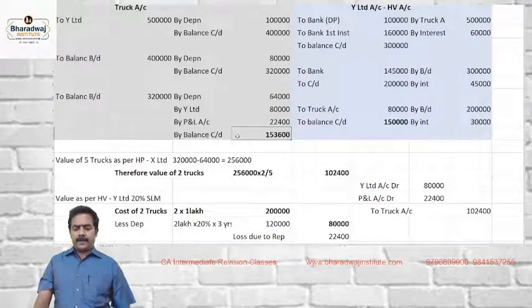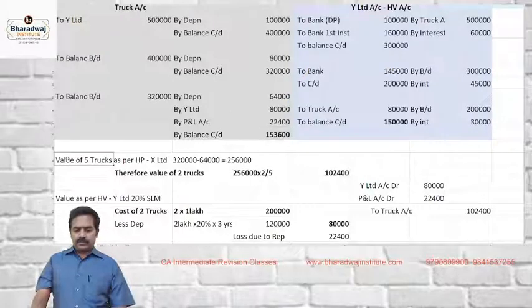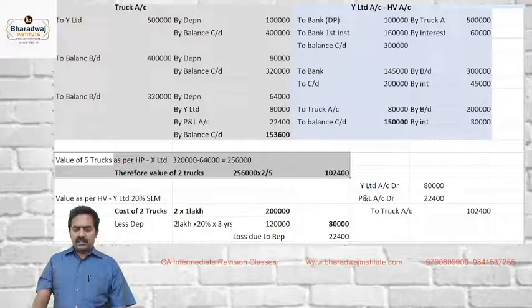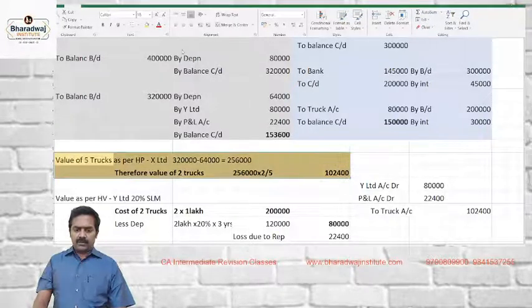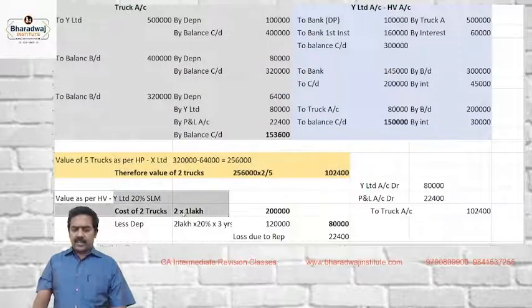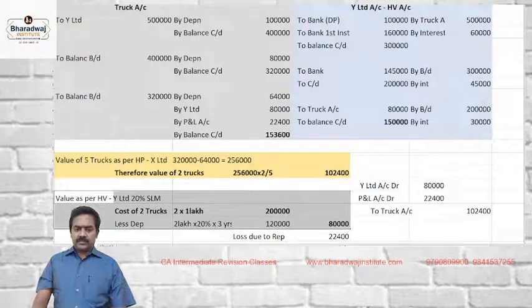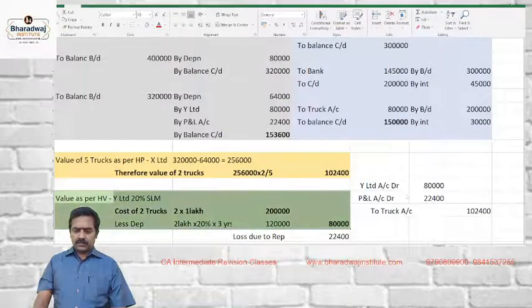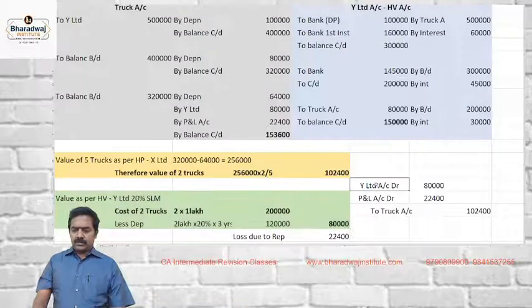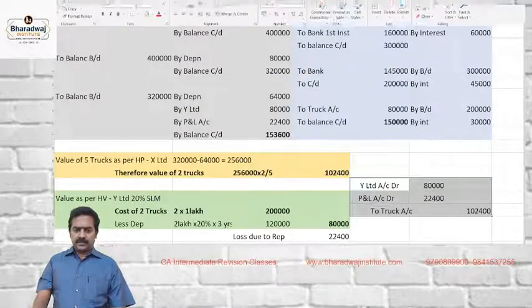Take up this. Value of the 5 trucks as per the other party he worked out. As per hire vendor terms, the value is worked out. So pass a journal entry for this.